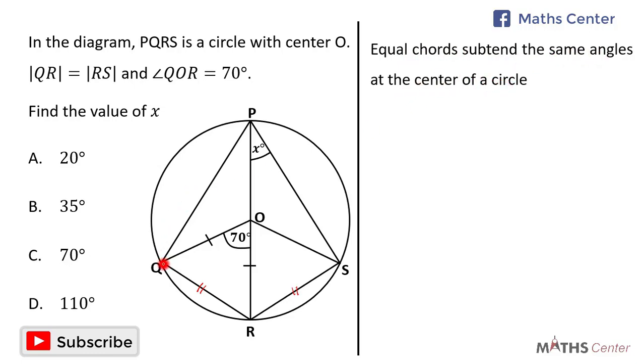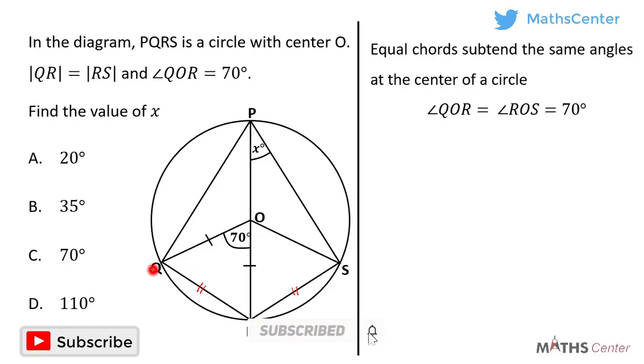So if the length of the chord QR is equal to the length of the chord RS, then it means that the angle that the chord QR will subtend at the center will be the same as the angle that the chord RS will also subtend at the center. So if angle QOR is 70 degrees, then it means that angle ROS is also 70 degrees. So the angle here is 70 degrees.